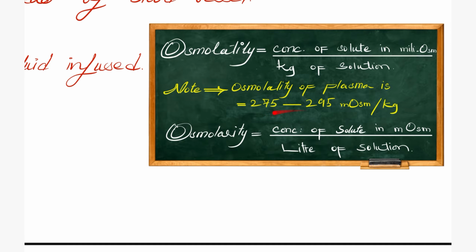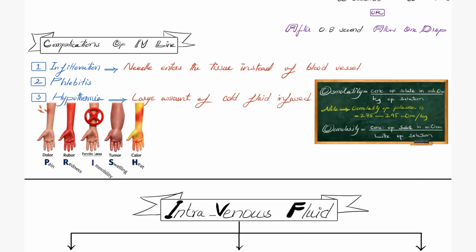On the basis of this, we decide whether the plasma is hypotonic or hypertonic. Another term similar to osmolality is osmolarity, and it is the concentration of solute in milliosmol per liter of solution. So this was a brief difference between osmolarity and osmolality.